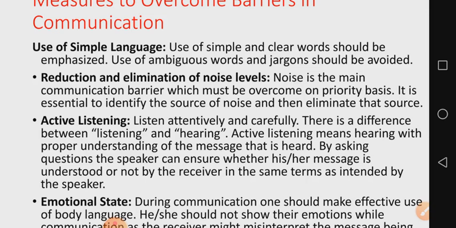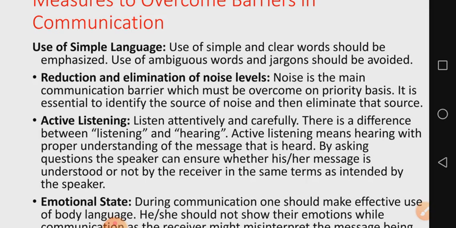Because sometimes we have to observe the expressions of the speaker, his or her body language, or the words somebody is using, to understand the message very carefully. So listening is very important. Before you start speaking, you should learn how to listen. Listening is an art. You don't get it by default.